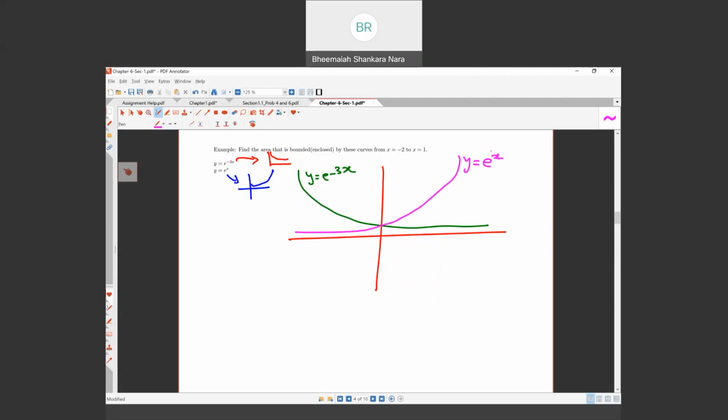You know the leftmost extreme will be -2, which you want to take into account, and then the rightmost extreme will be 1. So let me draw this a little closer, to understand that we are using 1 unit on the x-axis.